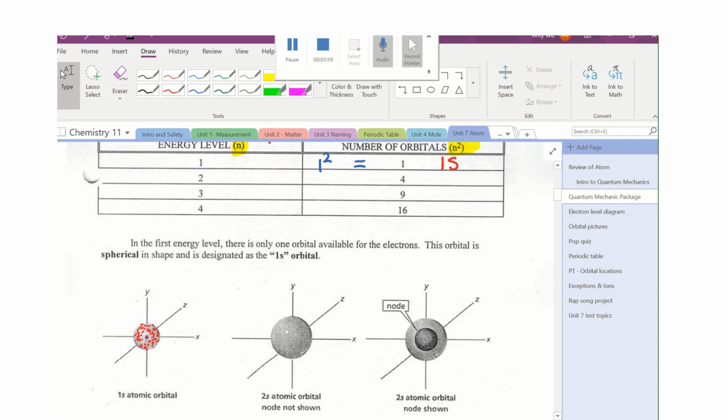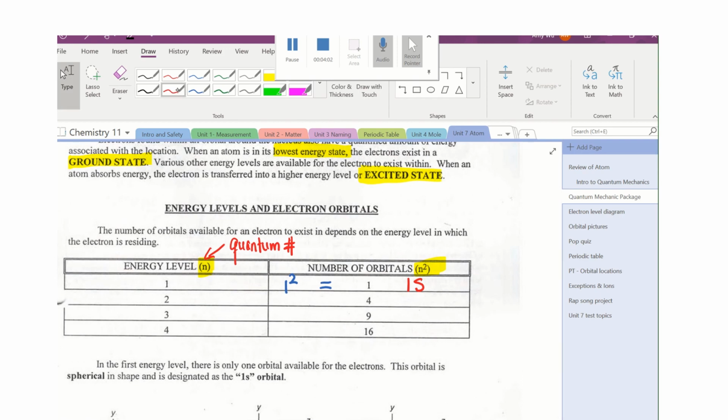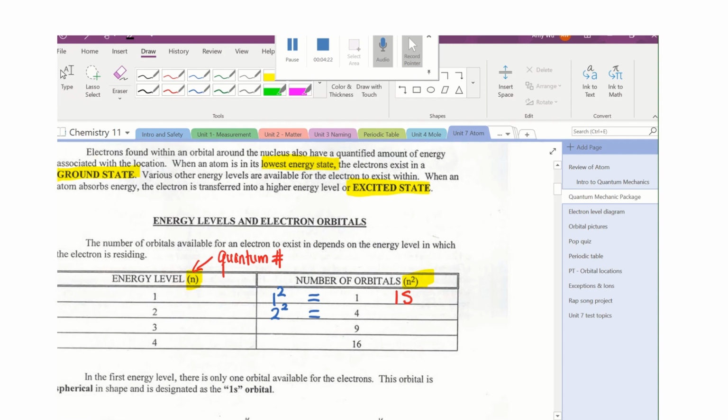Now that's energy level 2. If you plug in 2 for n, 2 squared is equal to 4. That means at energy level 2, there are 4 different orbitals. So this number gives you the number of orbitals.